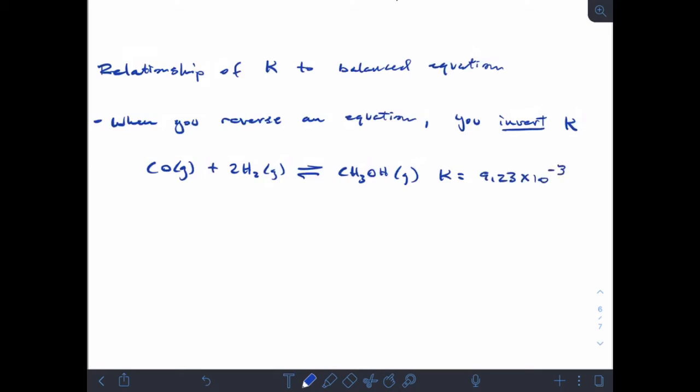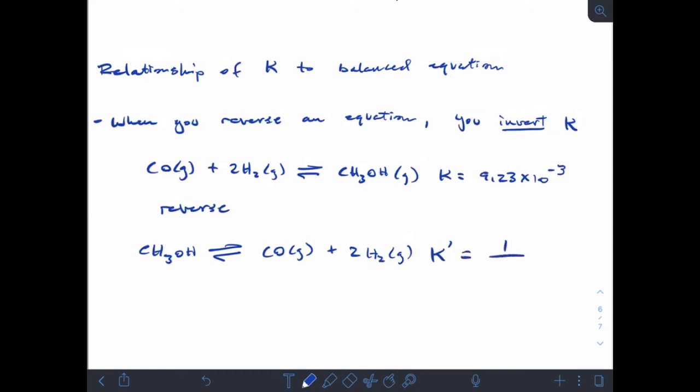If I reverse that equation and write it the opposite direction, our second equation here is exactly flipped of the original equation. I'm going to write this and just call it, for differentiation purposes, K prime.